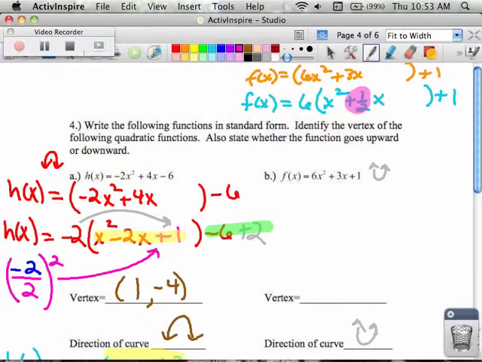Whenever you work with fractions, make sure that you multiply by the half. So I have 1/2 times 1/2, and then I'm going to square it. 1/2 times 1/2 is 1/4. 1/4 squared is 1/16.